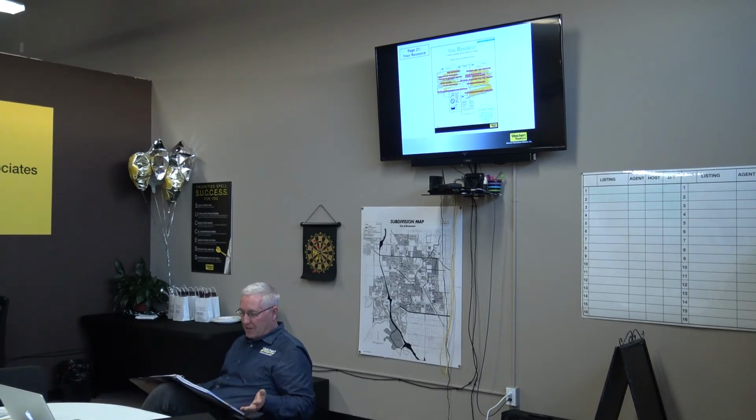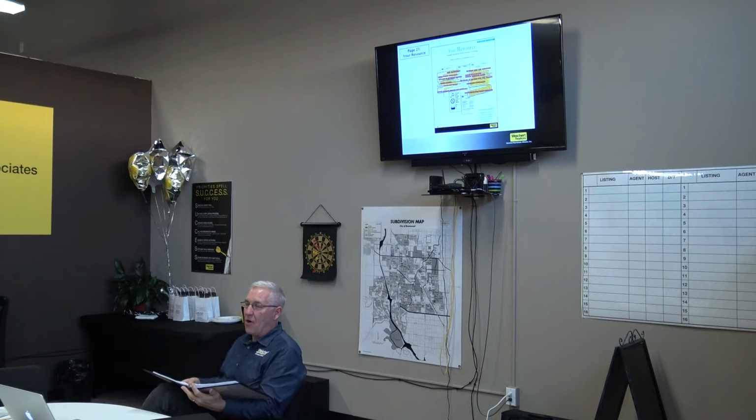But that's why we always go over things like title reports and those sort of things. We want you to understand those things and how to deal with them. Property lines, conditions. There's a lot that people need to know, and so make sure you know what those things are.